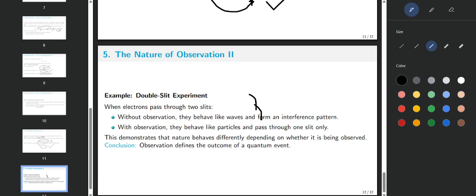So observation changes behavior. That is what you need to remember. This shows that in quantum mechanics, reality depends on how we look at it. The act of measuring is not just finding the truth, it actually helps us create some magical things. That is what we do in the observer effect.